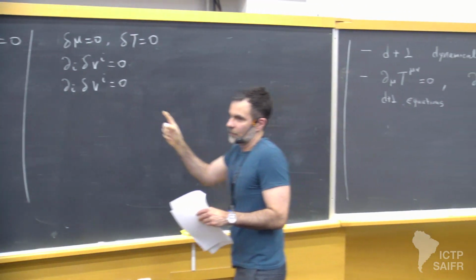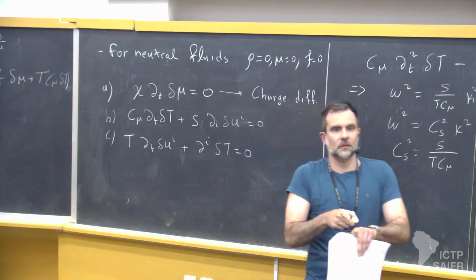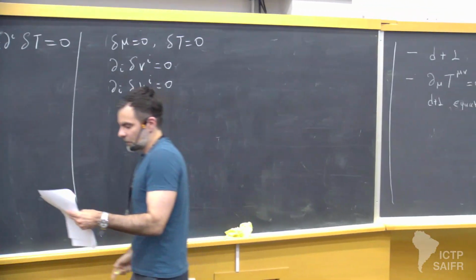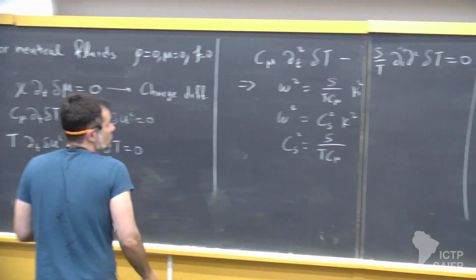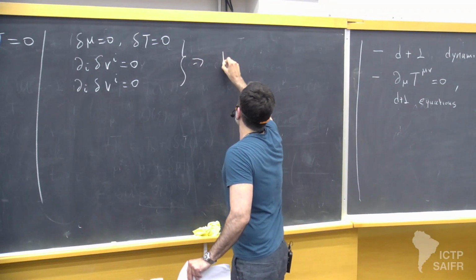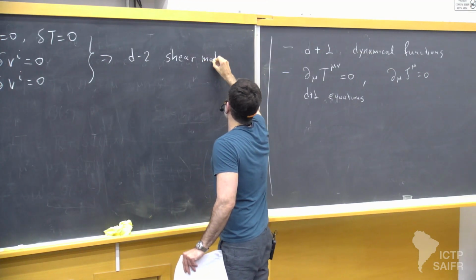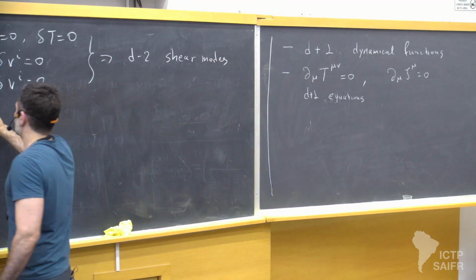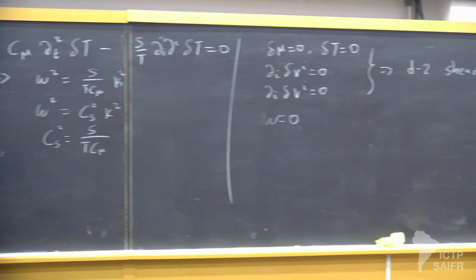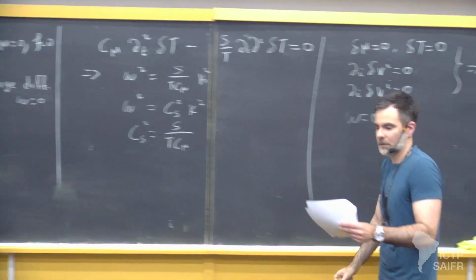Okay, so if I think of wave vectors, basically it is telling me that the wave vector has to be orthogonal to the fluid velocity, right? So all the variation in space is happening orthogonally to the fluid velocity. And this is d minus 2 shear modes. So this leads to d minus 2 shear modes, which have omega equals 0. And also the charge diffusion has omega equals 0, right? So it is telling you that the chemical potential has to be time independent.